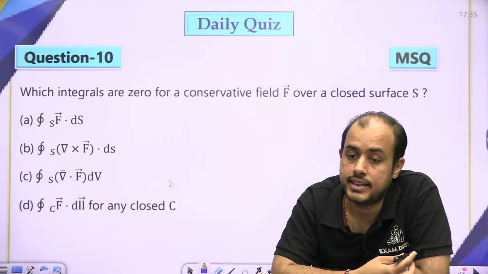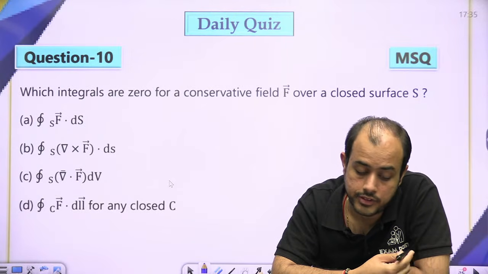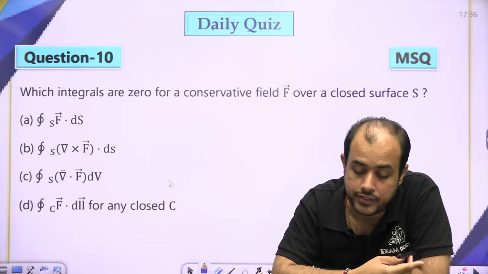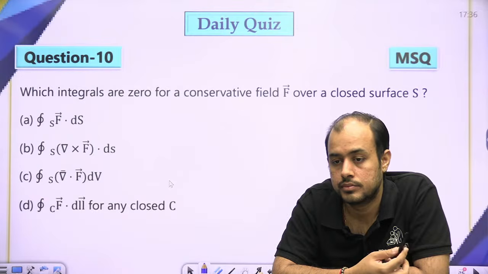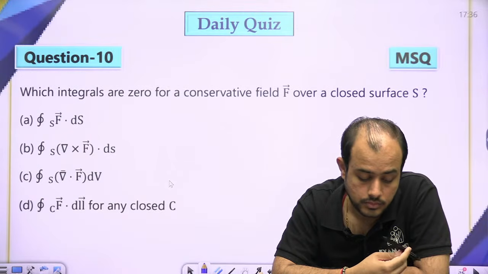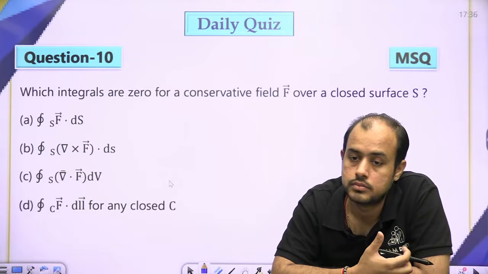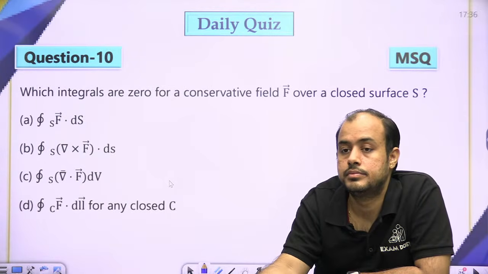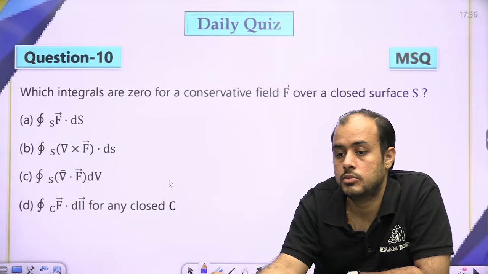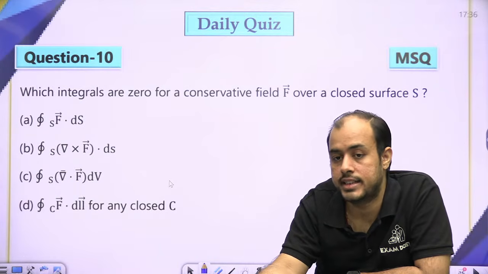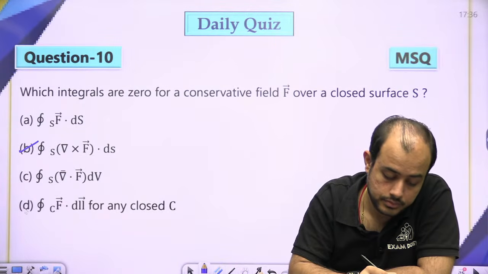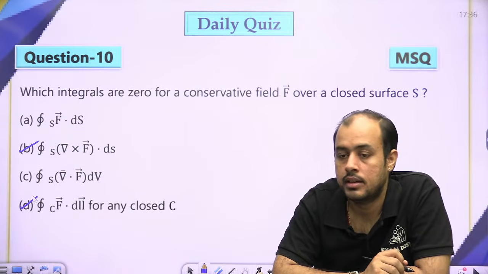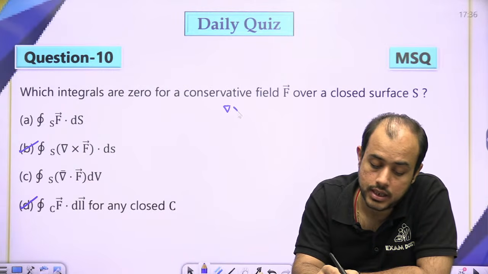So next, which integrations are 0? Which integrals are 0 for a conservative field over a closed surface? B and D, because if it is conservative, the curl is 0.